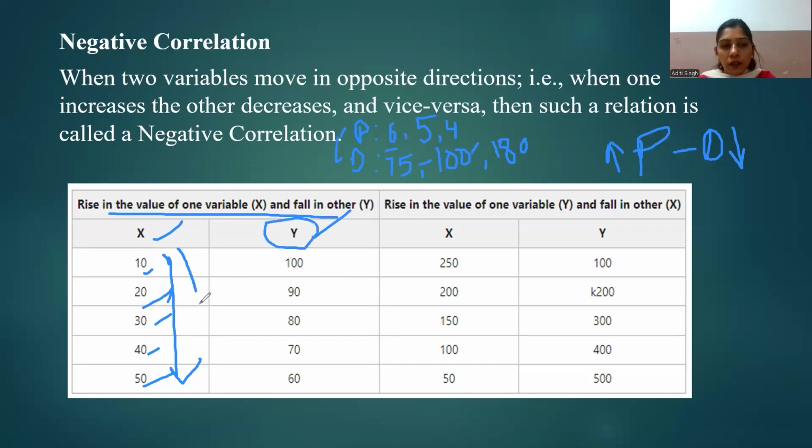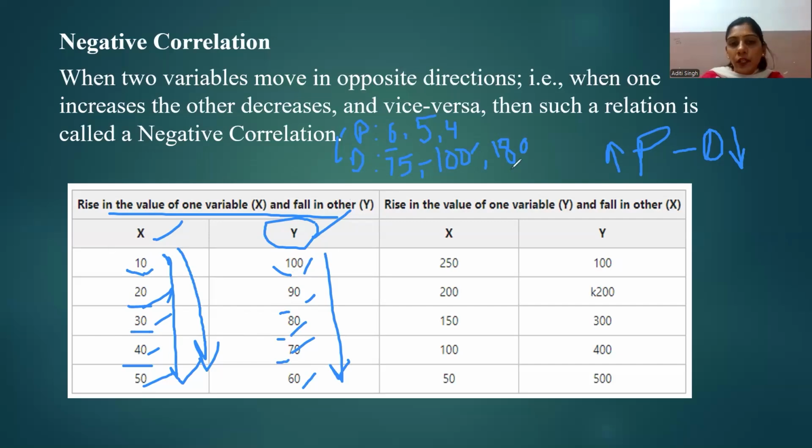As variable x is increasing, variable y is decreasing: 100, 90, 80, 70 and 60. So the difference is similar, 10. So this type of relation is said to be negative relationship or correlation among the variables.